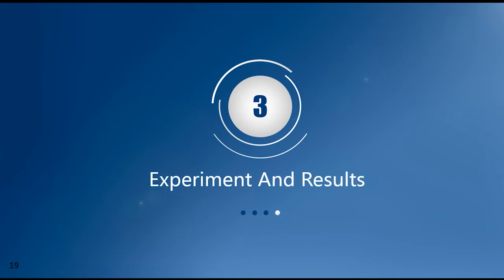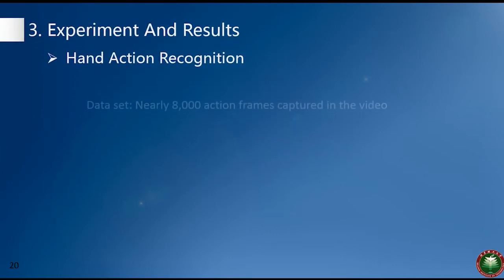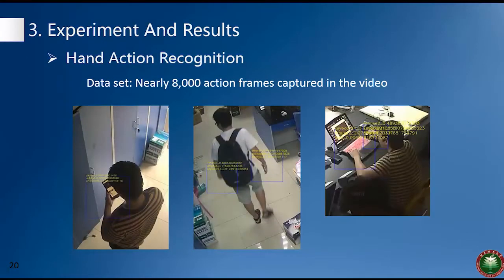The third is the experiment and results in real scene. The dataset of the hand behavior recognition experiment is nearly 80,000 action frames captured in the video. This figure is the test result.